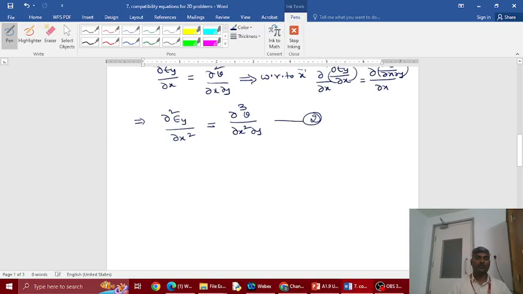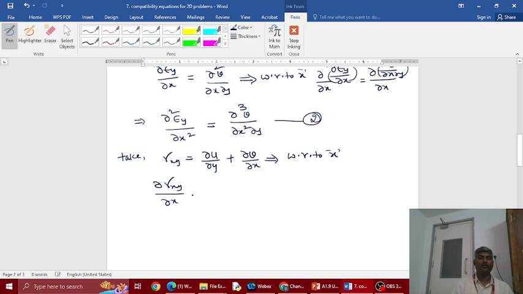Now let us consider the shear strain gamma xy = ∂u/∂y + ∂v/∂x. Partially differentiate this with respect to x first, which means on the left-hand side ∂gamma xy/∂x, and on the right ∂/∂x of ∂u/∂y plus ∂v/∂x.